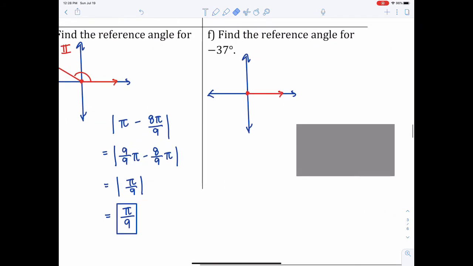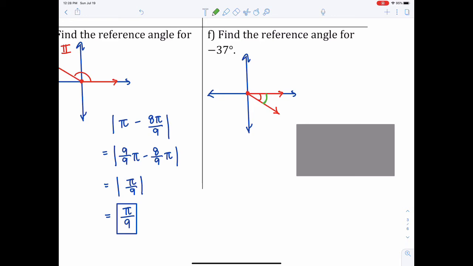So now let's talk about our example F. So we have negative 37 degrees. So negative 37 degrees would mean we have to go downwards from our starting point. And then 37 degrees is not far past this really. So we have somewhere over here-ish as our angle. Our reference angle would be the acute angle formed with the x-axis, which would be the same angle, but the positive version.